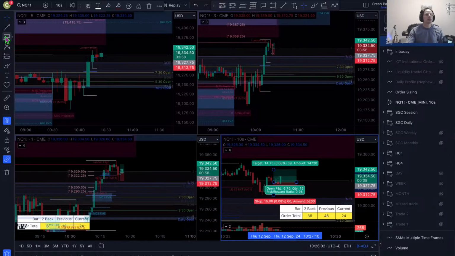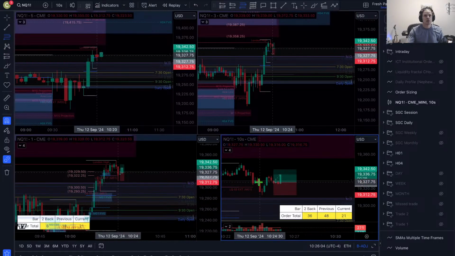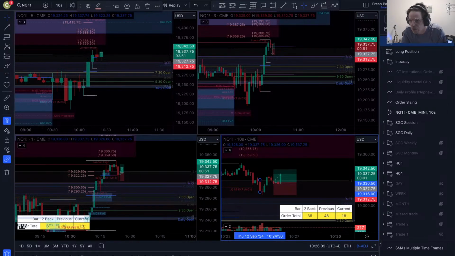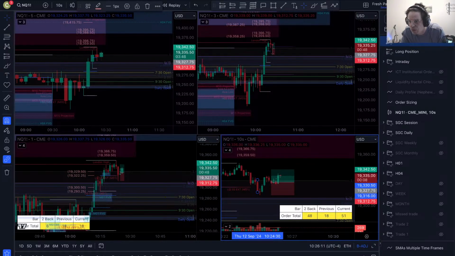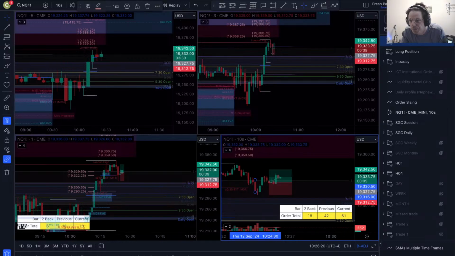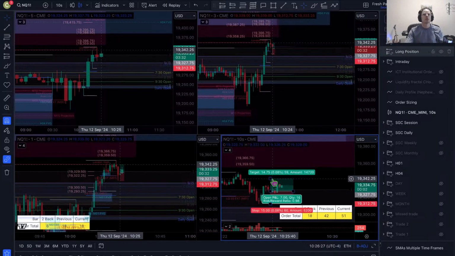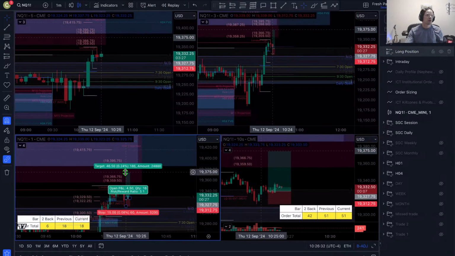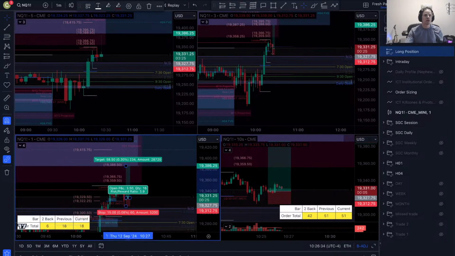And if that is the PA, 39.50 would be the next target. Wait, what? 59.50. $9.50 would be there, and this would be the final target at 8.625.